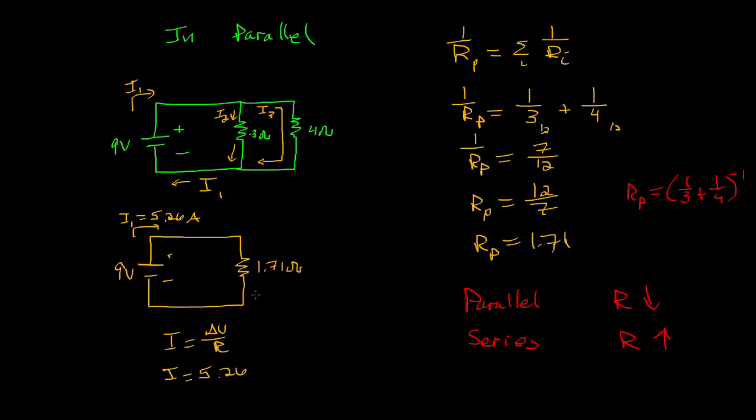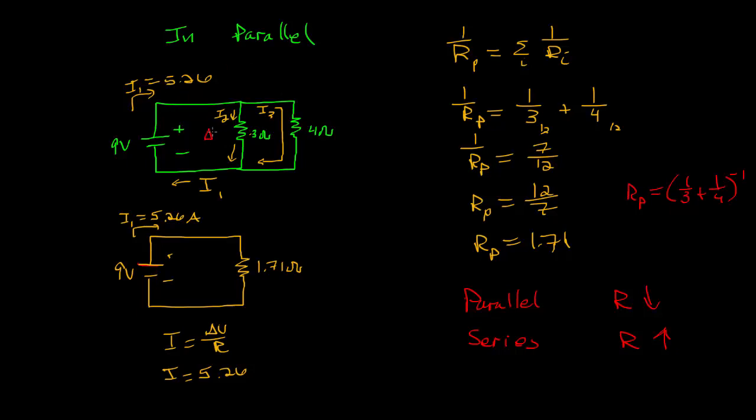Alright, so then we go back, and we know I1 is 5.26. I'm going to change to red because this is pretty important. In parallel, the potential difference across all the branches is the same.